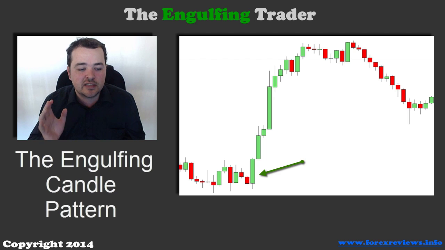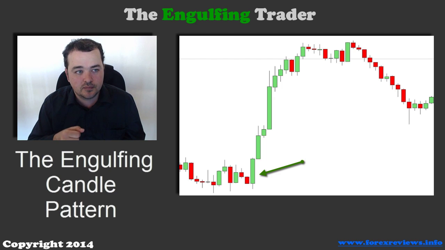It does not really get discussed too much. However, let me go over the benefits of understanding the engulfing candle. And here's an example on the chart. The engulfing candle needs little confluence. Therefore, it is the strongest candle in the price action arena.